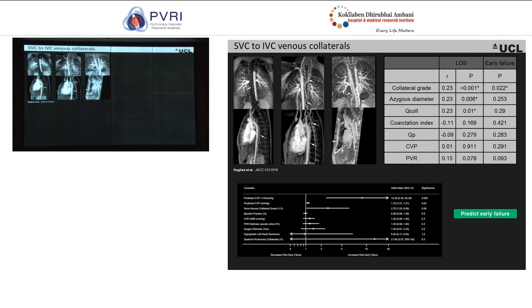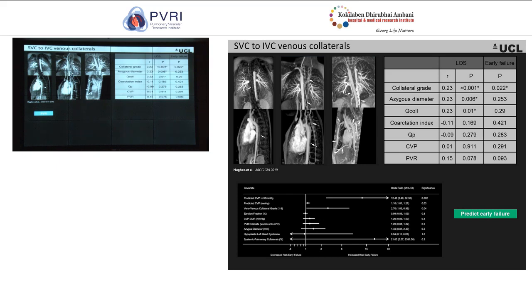In this study, Marina Hughes simply graded visually, subjectively, the venous collaterals into 3 grades, to look at whether the collateral grade correlated with post-operative length of stay. This was a retrospective study, so it wasn't designed a priori to do this, but the collateral grade correlated reasonably well with post-operative length of stay, implying that, as we believe, these venous collaterals are a sign of adverse physiology in the circulation.